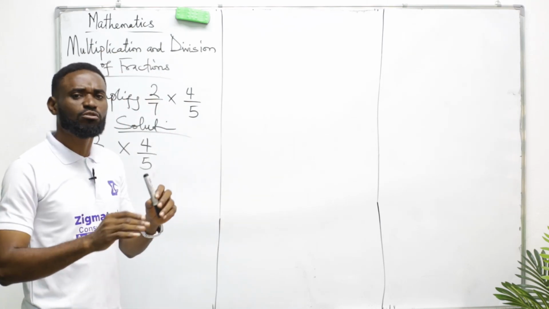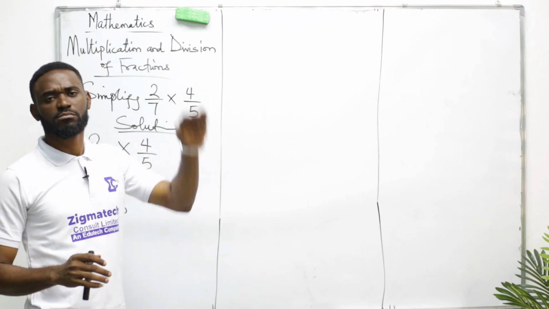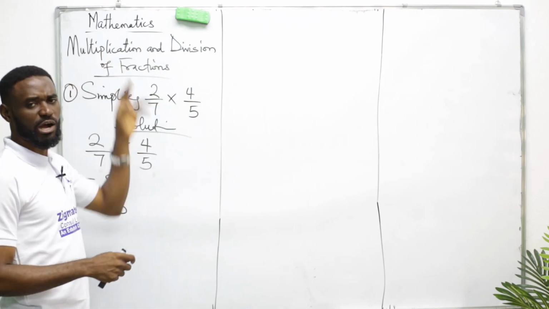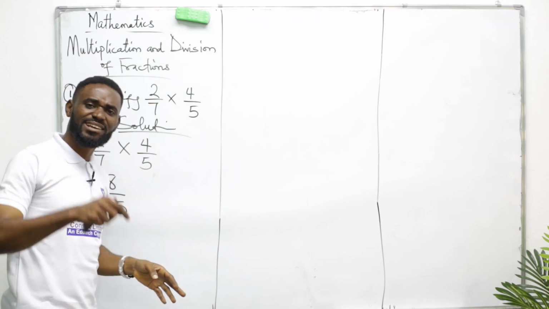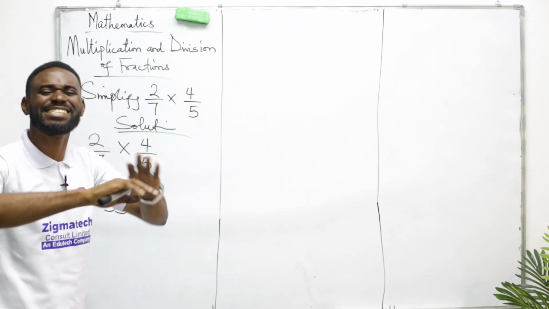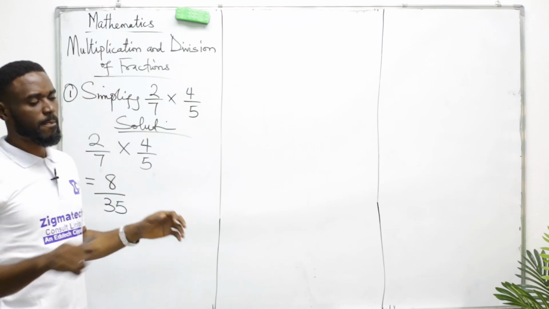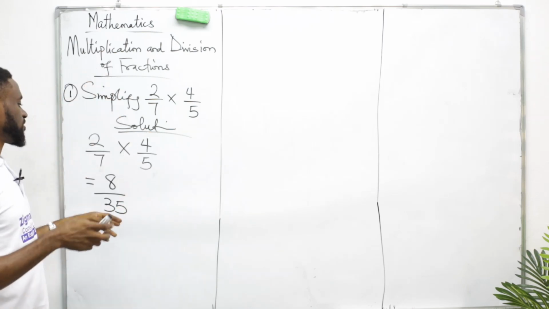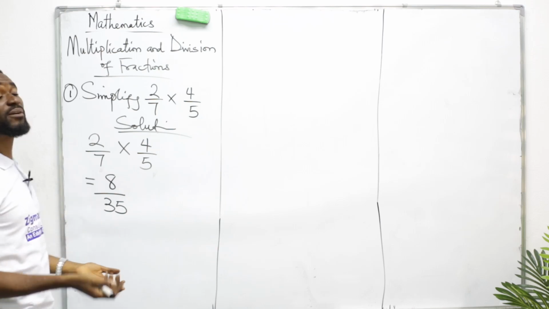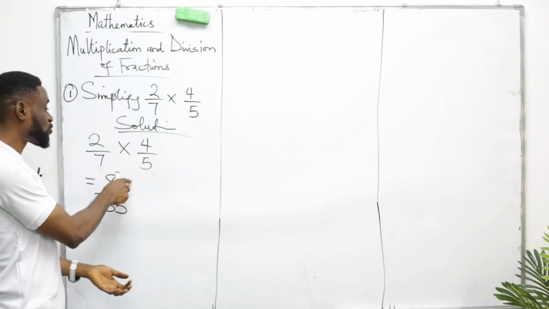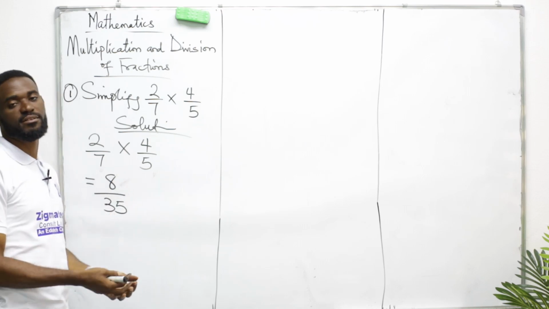Once there is no factor common to both makeup of the fraction, that is the numerator and the denominator, we say that that fraction is in its simplest term, is in its reduced term. Now look at 8 and 35.